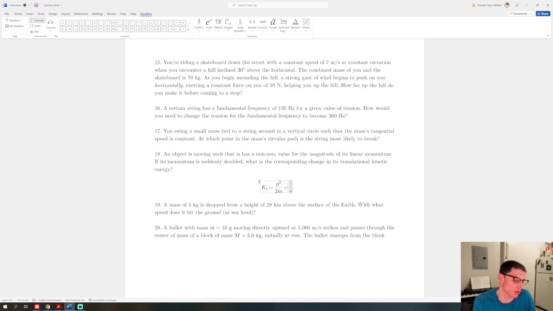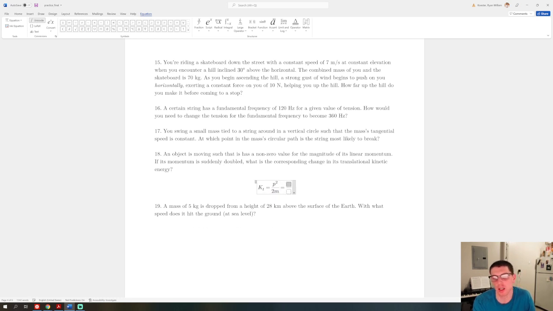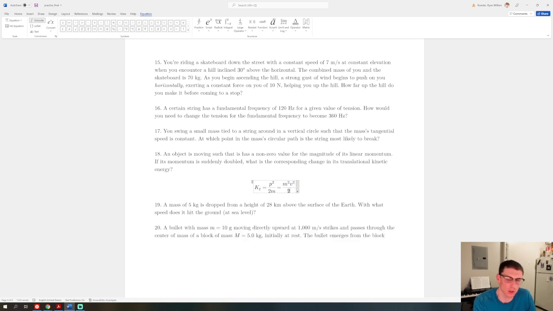We can show that this works really quickly because p is mv. So when we square it, we get m squared v squared divided by 2m, which is of course mv squared over 2, which is the kinetic energy. So saying that the translational kinetic energy is p squared over 2m is fine.